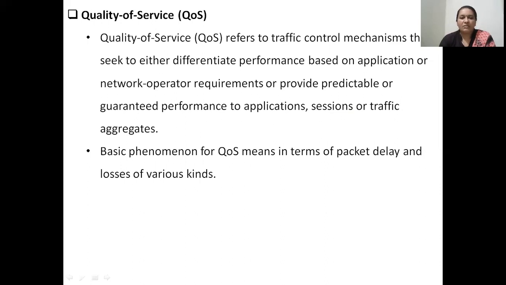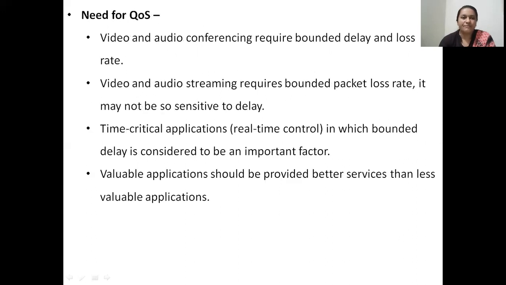That's the major expectation from a network, and we expect the speed and avoidance of data loss whenever we communicate on the network. So the basic phenomena for QoS means it's in terms of packet delay and losses of various kinds. We expect quality of service in order to avoid packet delay and packet losses due to different reasons.